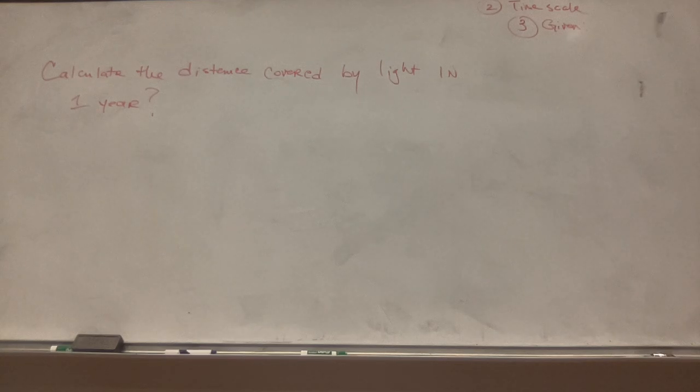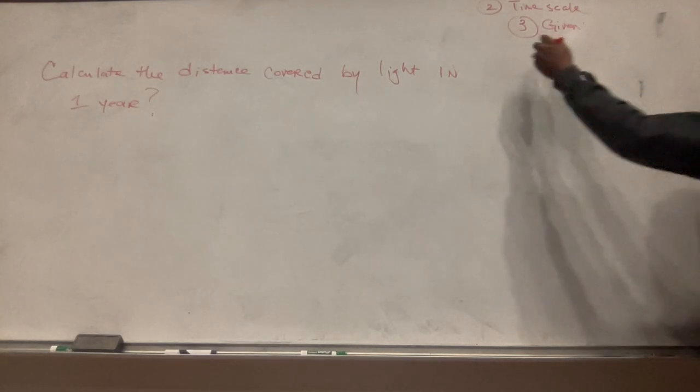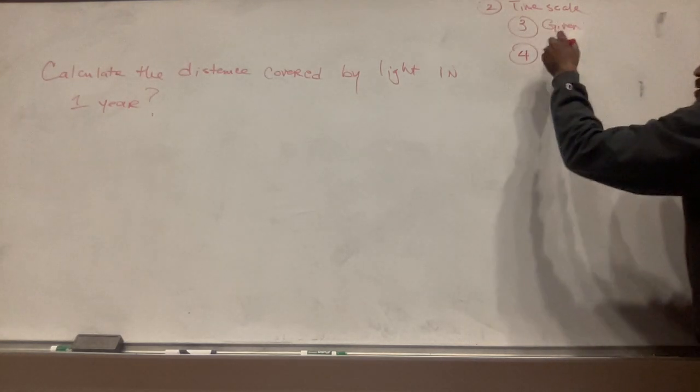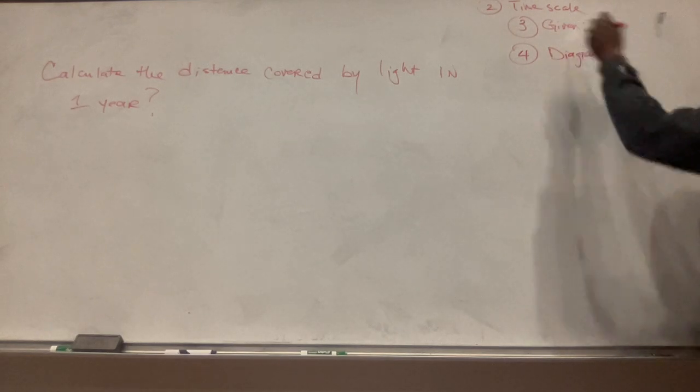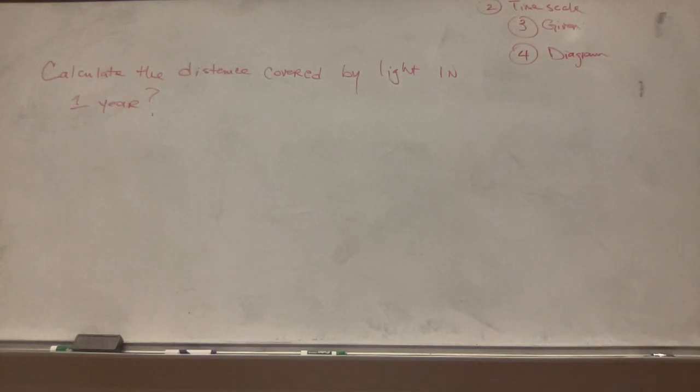It's called context clues, right? That's what we learned in 5th grade. And then four is diagram. Sometimes we benefit greater from a diagram in certain situations than others. Sometimes we might not even need a diagram. It's just to help you understand, right?